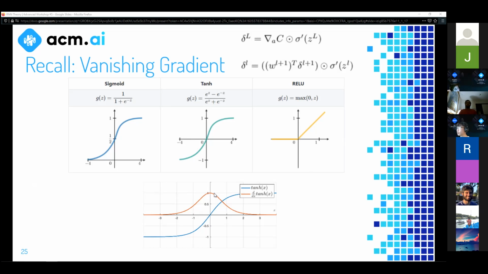This bottom graph is the gradient for each of these functions, or actually it's only for tanh. With tanh, you can see that the gradient has a maximum of 1 at 0, and it tapers off as it goes to each end.